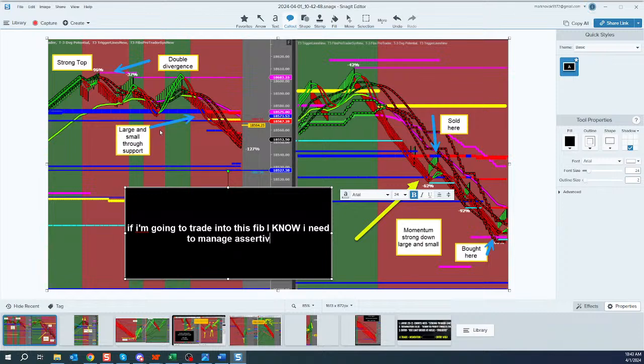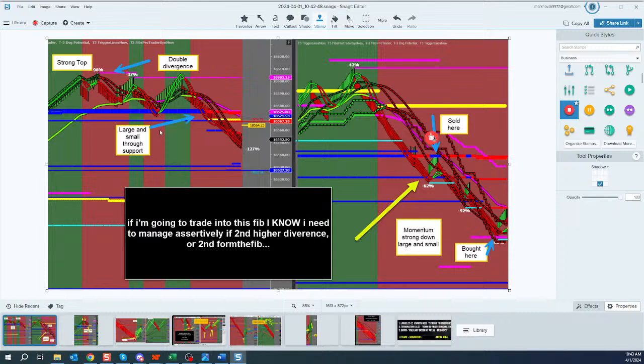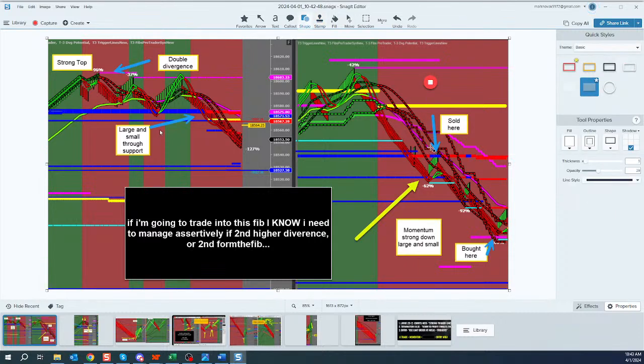I'll say assertively, not aggressively. If second higher divergence or second from the fib, right? Like I'm talking to myself about, I love this entry, I love this trade, everything says giddy up, I love the termination, I feel good about it, but I am aware that this area could be problematic.